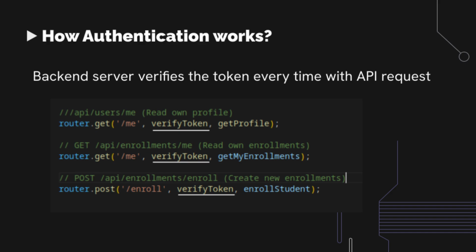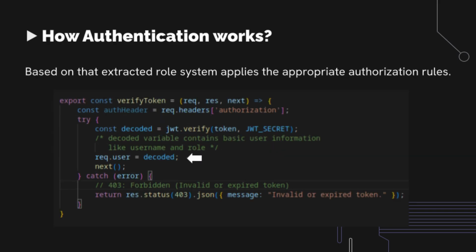The server then verifies the token on every request to confirm that it belongs to a valid authenticated user. For example, whenever the user wants to view their profile, access their courses, or enroll in any course or any other action in the application, the token must be verified first. Only after the token is successfully validated does the system allow the user to perform the requested action. Once the token is verified, the server extracts the user information from it, such as user role.